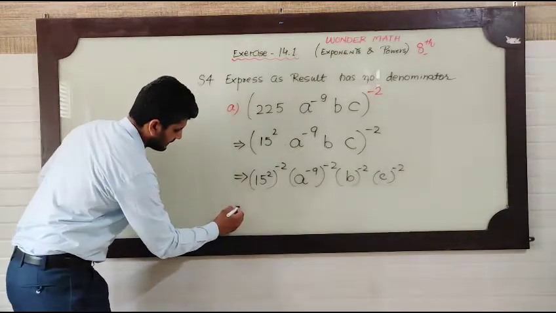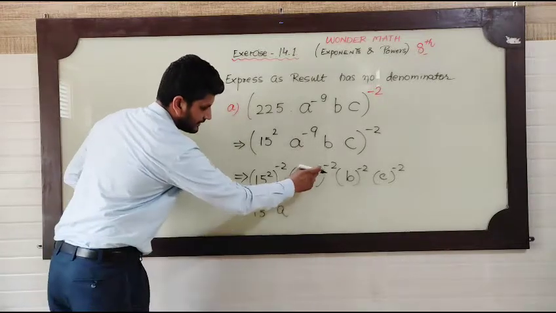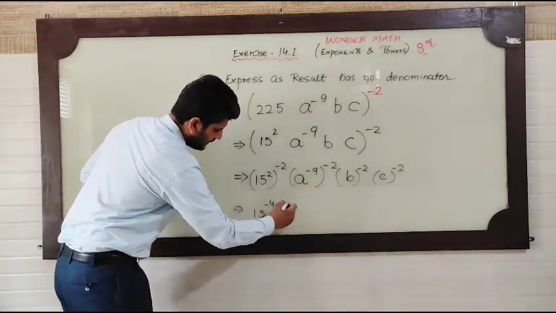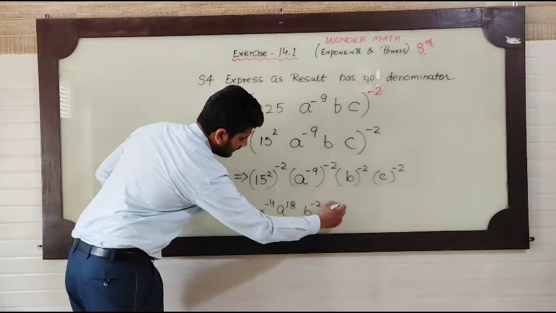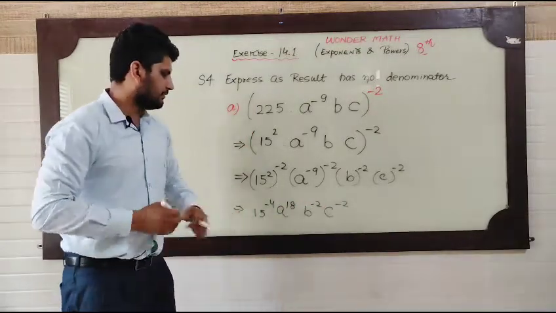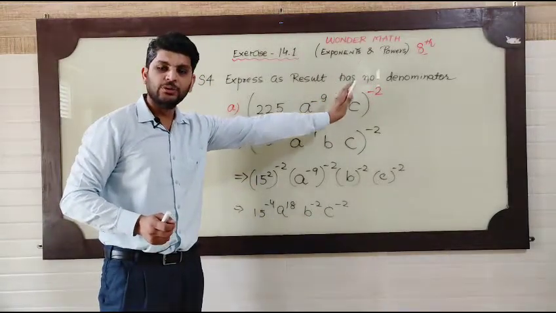So your answer is 15 minus 4, a -9 -2 as a property, 18 b -2 and c -2. We will not take this b and c downside because we have to convert it to the no-denominator form.